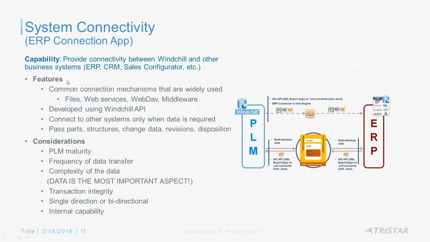This app can give you connectivity between various systems, and this is just using standard Windchill functionality. If your ERP system supports web calls, which most modern ERP systems do today, we can integrate and pull and push information from one to the other.